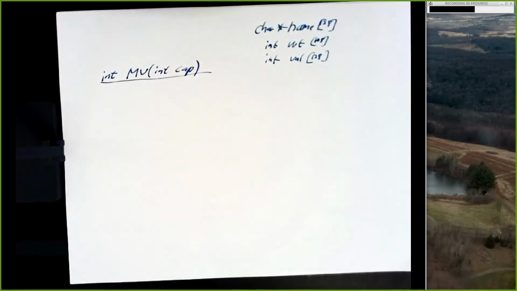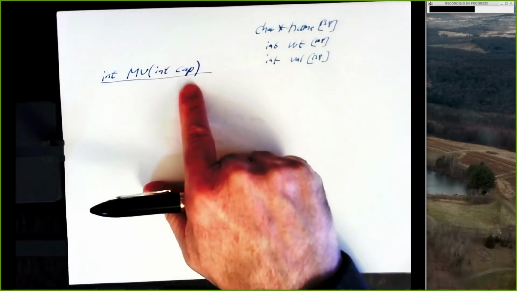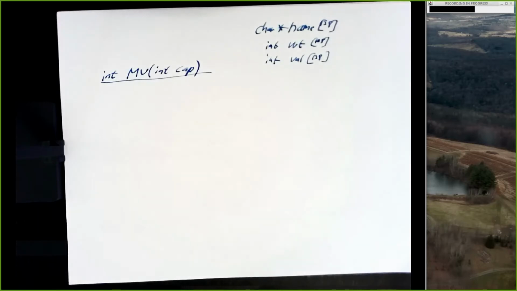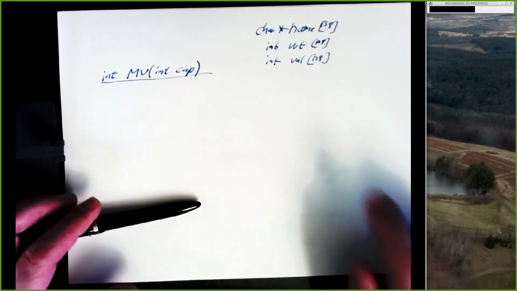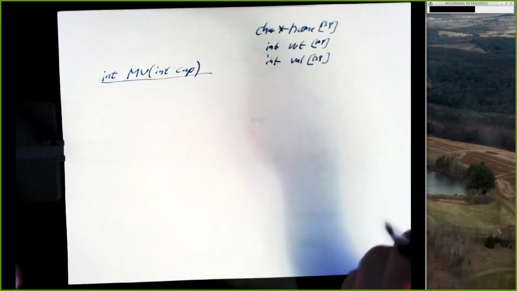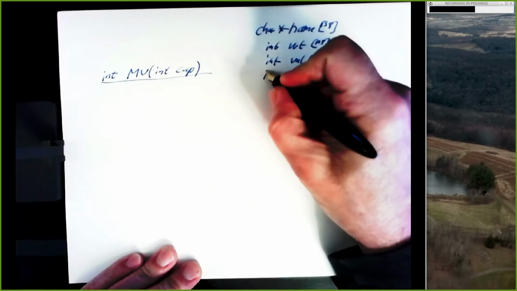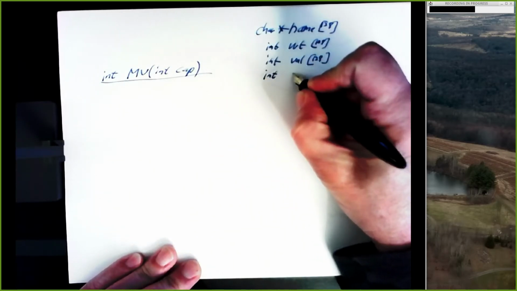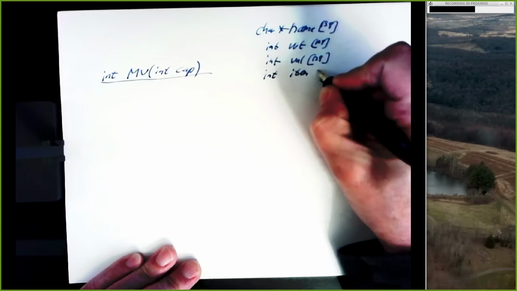Alright, so here's the MaxVal function. It takes in a capacity, and returns whatever the most value is you can get from a bag that holds that much. Okay, logically what we want to do is for each item, and we need to know how many items we have, so I'm just going to suppose we have something like item count.